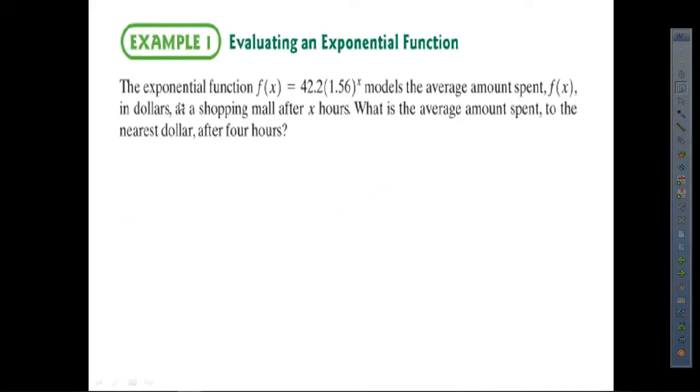All right, now the exponential function f of x equals 42.2 times 1.56 to the x models the average amount spent in dollars at a shopping mall after x hours. What is the average amount spent to the nearest dollar after 4 hours?